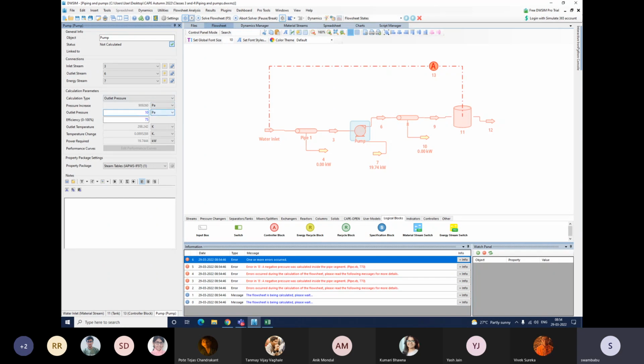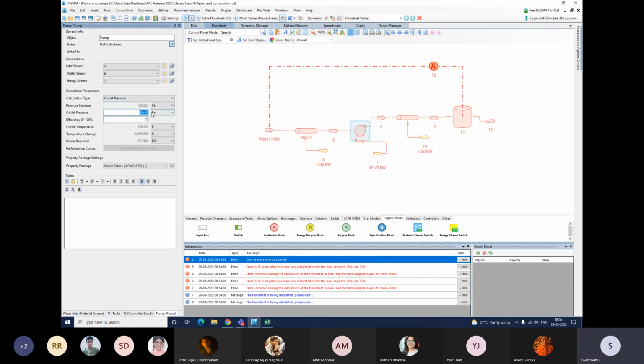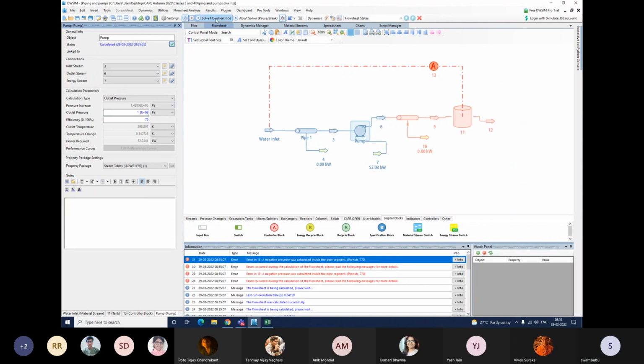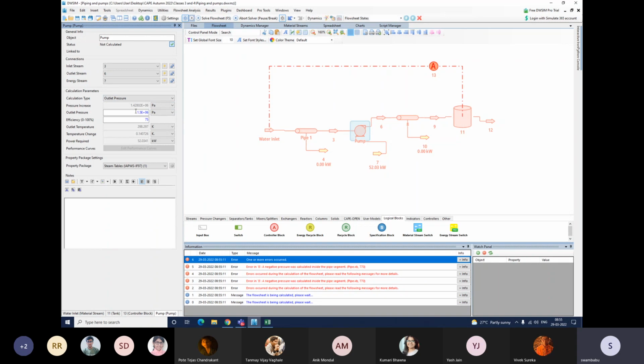That's not sufficient, so we'll keep 15 bar. Still the negative pressure is occurring.